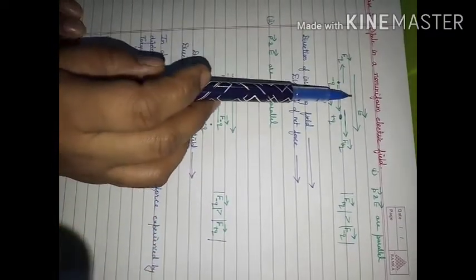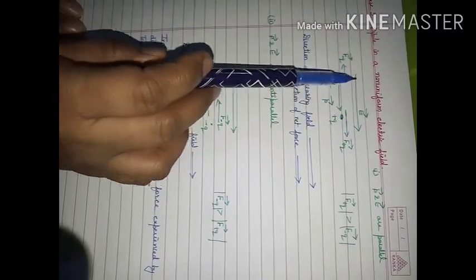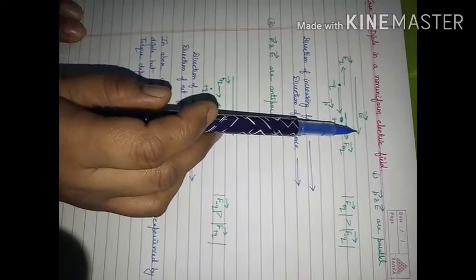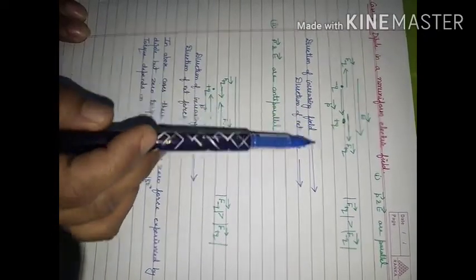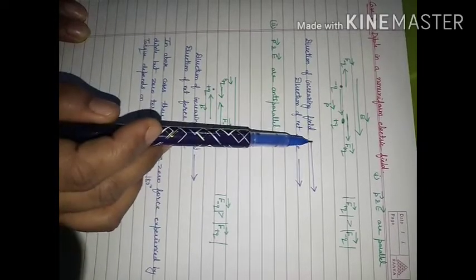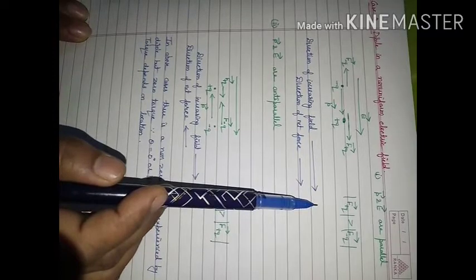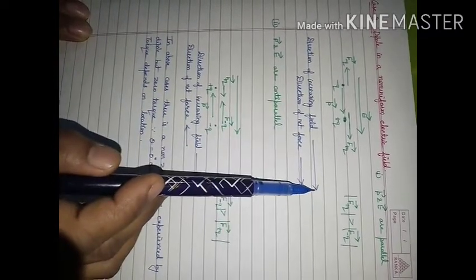So this is the electric field we have represented with a direction. And when I move from this direction to this direction, the magnitude of electric field is also increasing. So the direction of increasing field means we are moving from a lower electric field region to a higher electric field region.